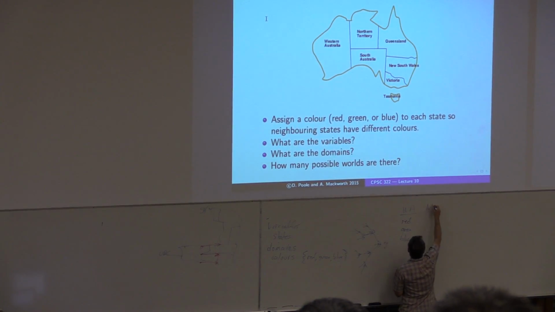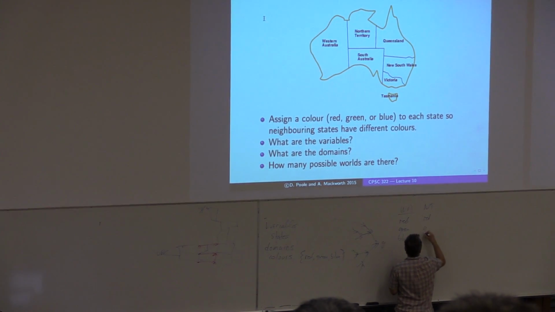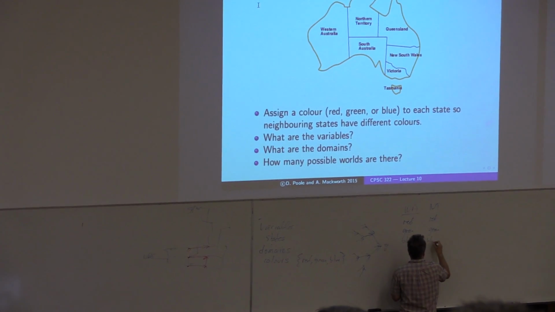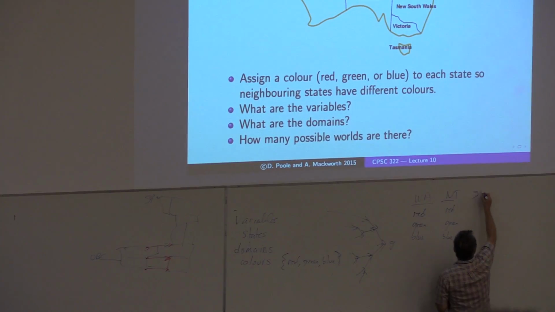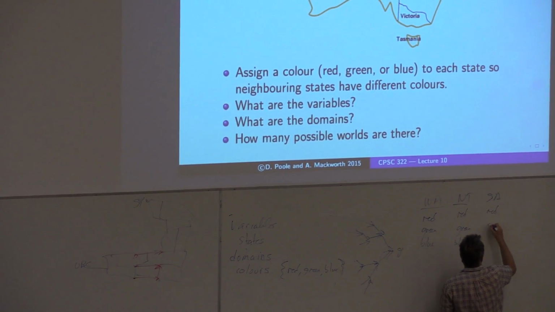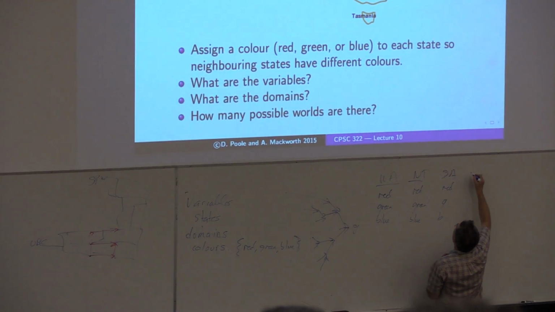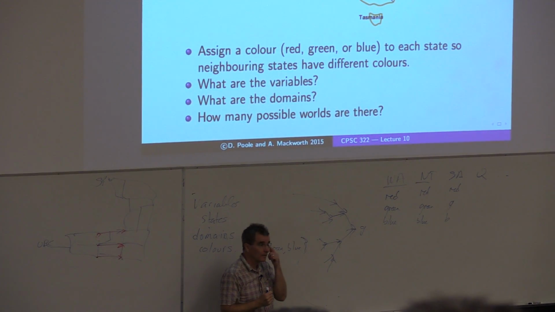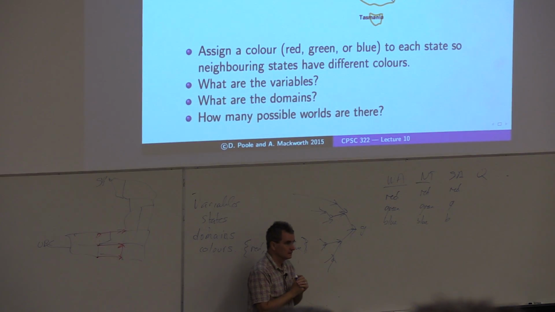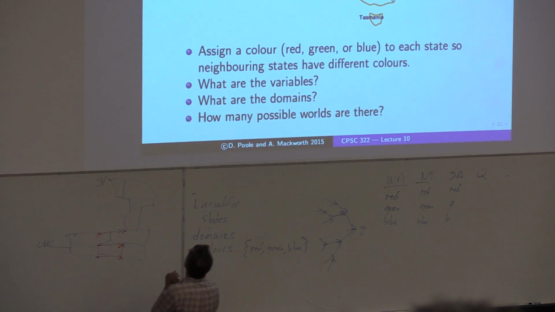And the Northern Territory is either red, green, or blue. And South Australia is either red, green, or blue. And Queensland, etc. So how many states are there in total?